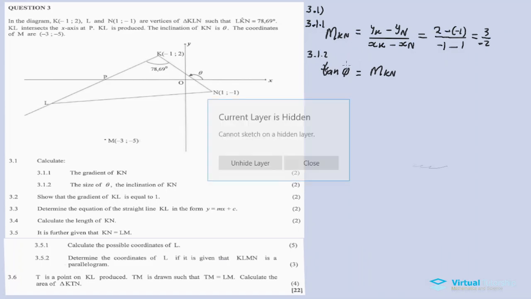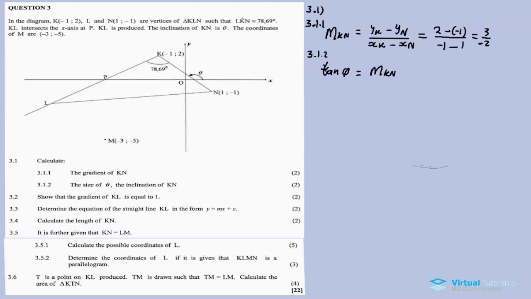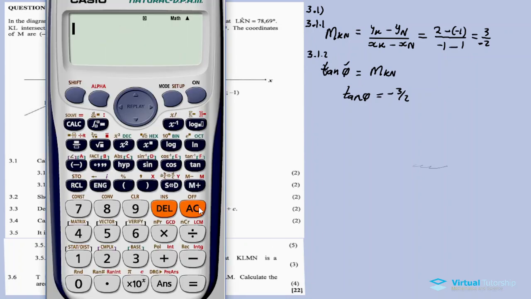This theta in the formula will represent this angle for KN, and theta is this one. So let us substitute the gradient: tan theta equal to -3 over 2.